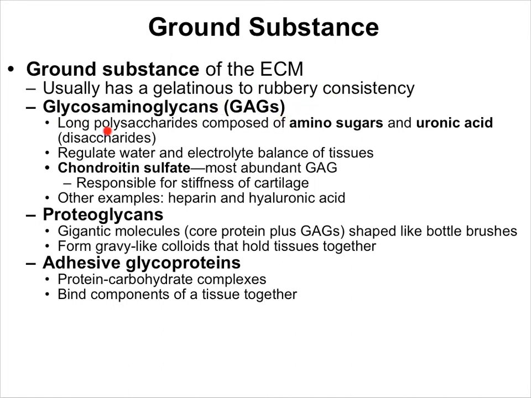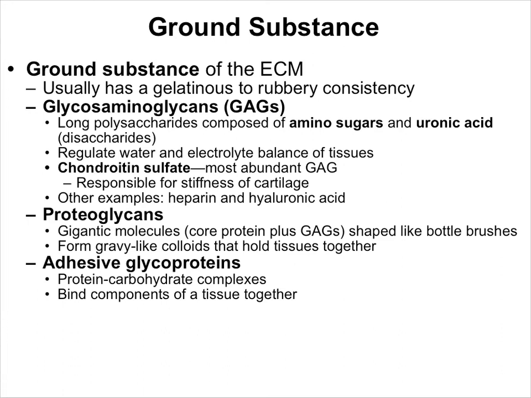These are long polysaccharides, so long sugar groups connected together. And those sugars have amino groups on them and uronic acid groups on them. They're very, very hydrophilic, and they hold on to water, and they hold on to electrolytes, which are salt ions. And so they regulate the amount of water and electrolyte balance that you have in tissues.